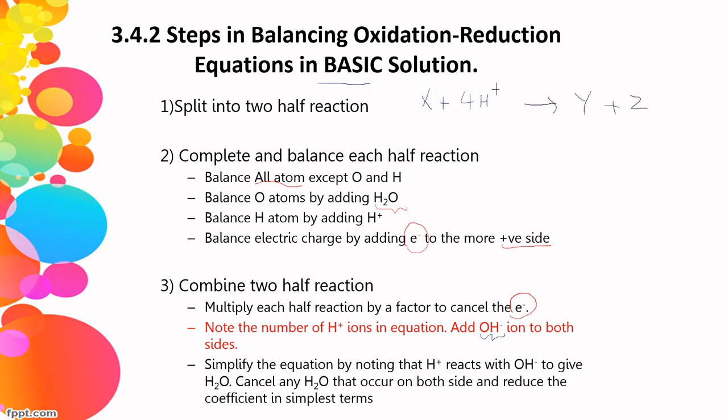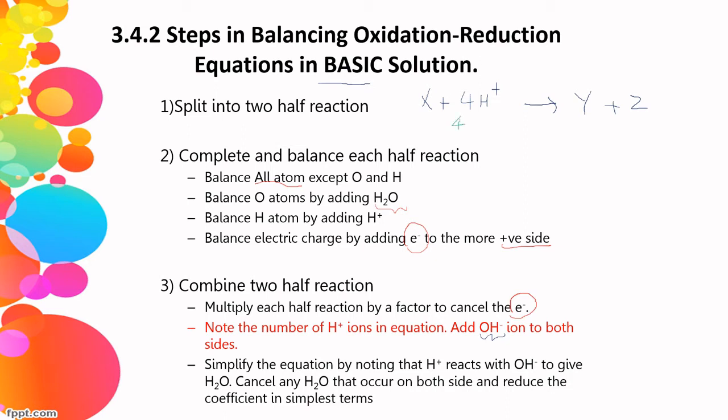Z, for example. In this highlighted step, we note the number of hydrogen plus ions. We have 4 hydrogen plus here. After that, we need to add OH minus ions to both sides. Since we have 4 hydrogen plus, we need to add the same amount of OH minus.